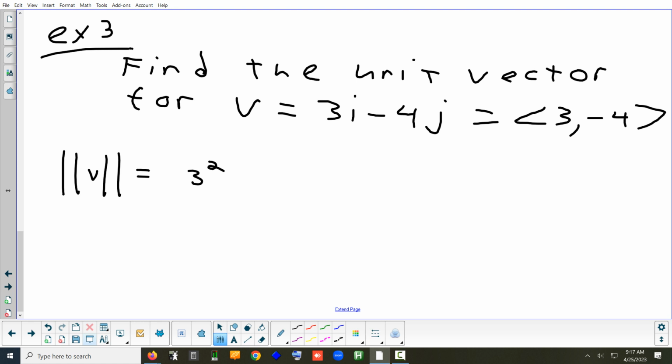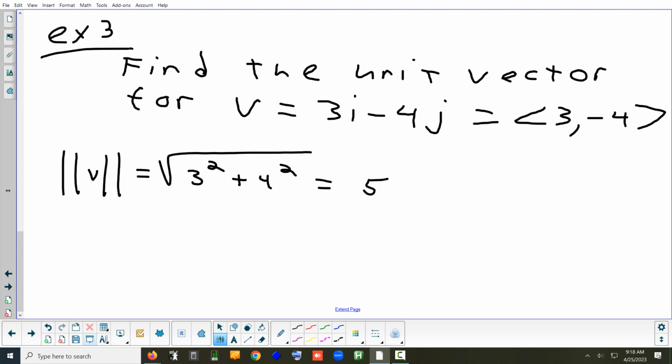So you can put it however you want. All right. 3 squared plus 4 squared equals. All right, and then take the root of that. Yep. Equals the magnitude. And so what's the magnitude of this vector? Yeah. 5.